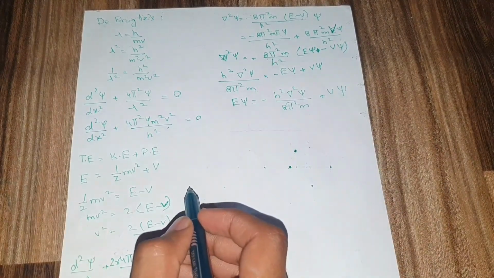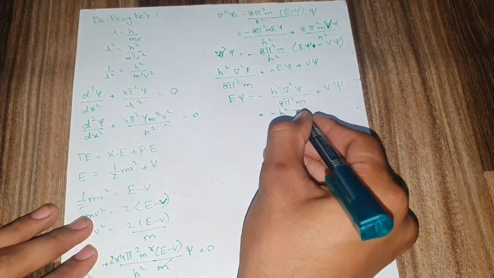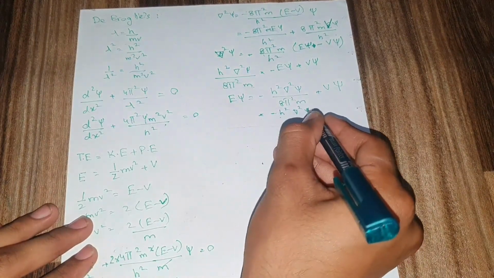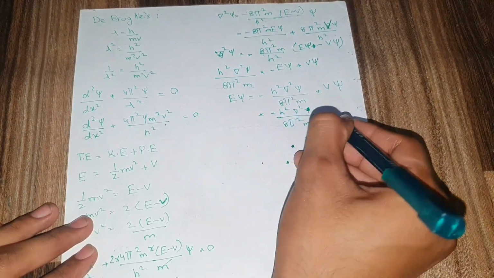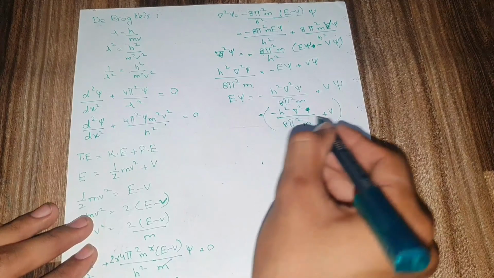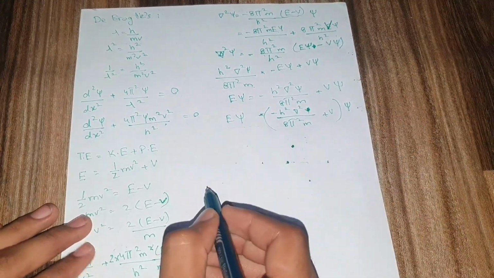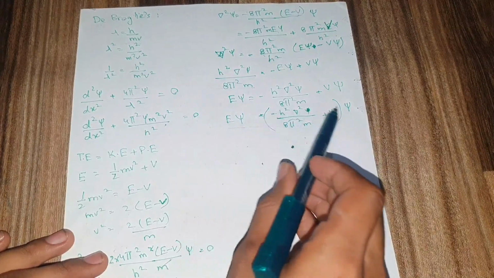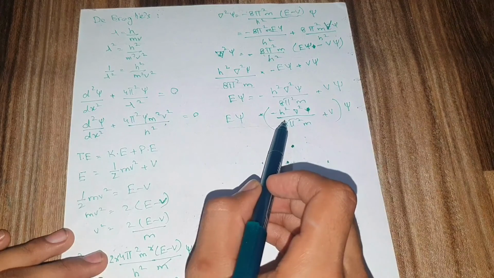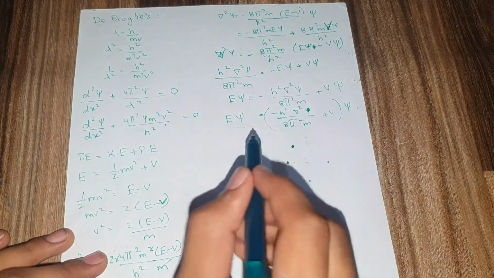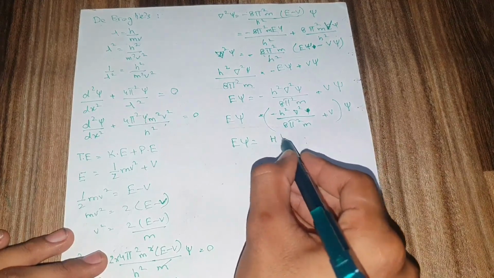Next, taking psi as common, minus h squared del squared divided by 8 pi squared m plus V, times psi, here it is E psi. This part of the equation can be taken equal to H, the Hamiltonian operator. So the equation becomes E psi is equal to H psi.